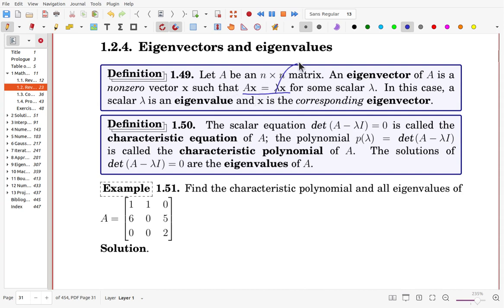Also, once x is an eigenvector, then if we multiply by c, then again Cx is an eigenvector. Right? So except for the scaling part, the eigenvector is unique.